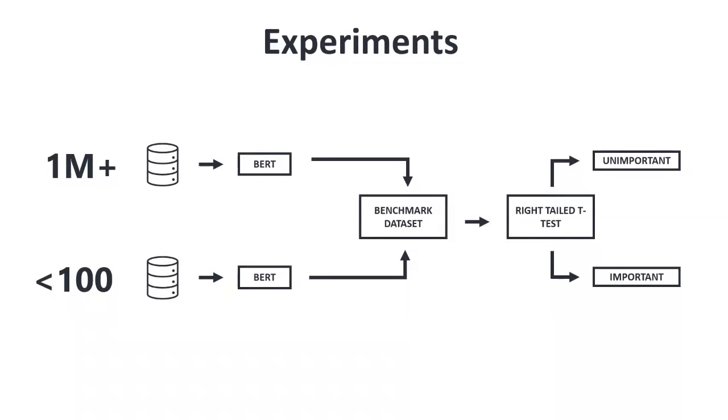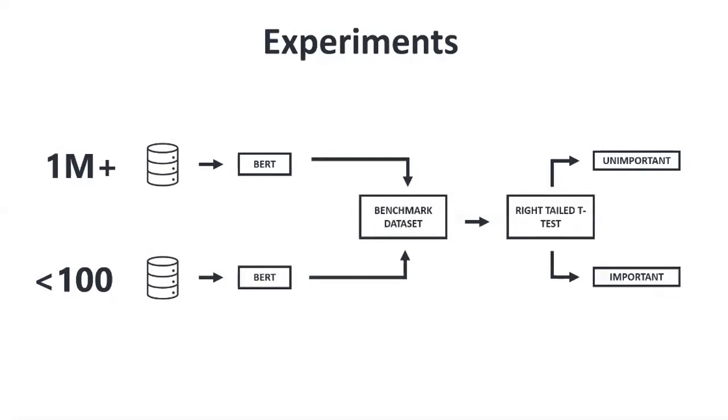To determine which feature was most important, we used a right-tailed t-test. Let us consider the scale feature as an example. We fine-tuned 2 identical BERT models on different datasets. One dataset consisted of over 1 million unique training samples, while the other was many orders of magnitude smaller.